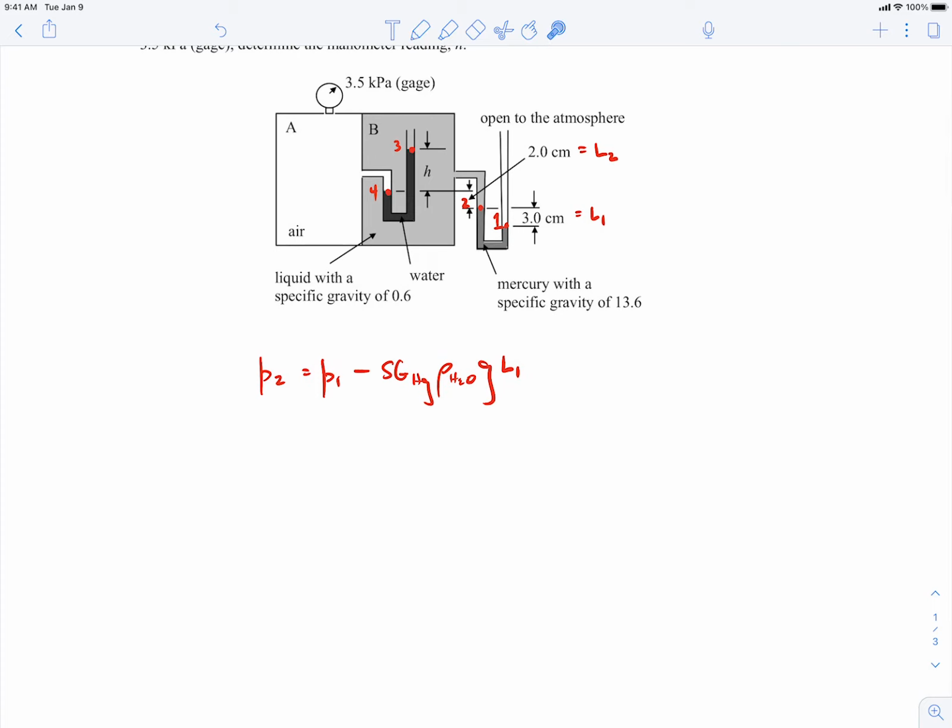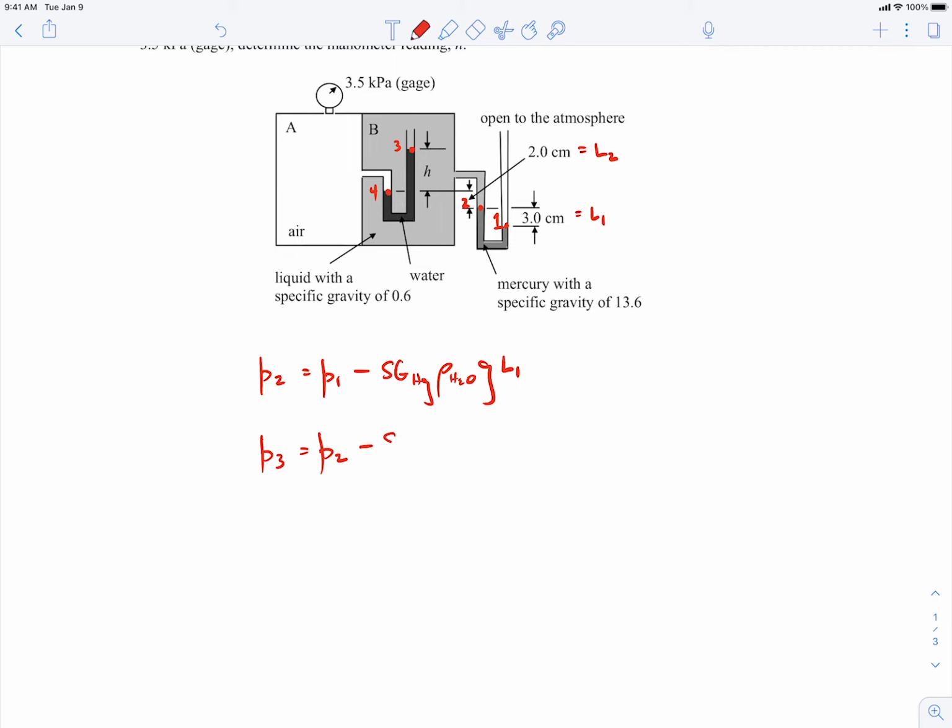Now, to find the pressure at 3, we're going to start with the pressure at 2. We're going to move up a distance of L2. Now we're moving in this liquid with specific gravity of 0.6. So we're moving up a distance of L2 to get us to that point, and then another distance of h to get us to point 3.